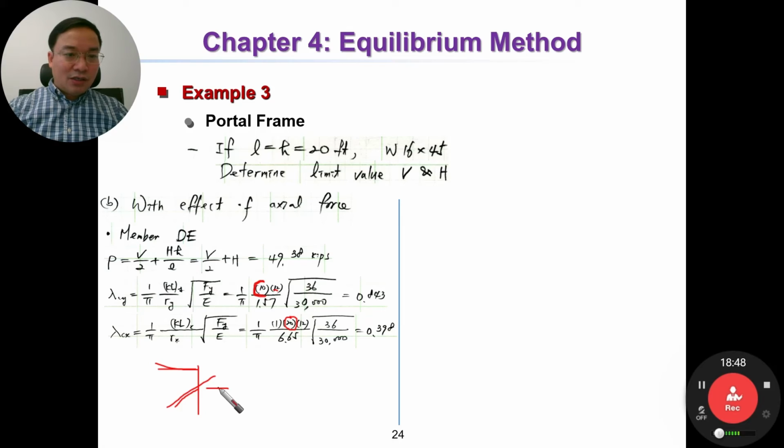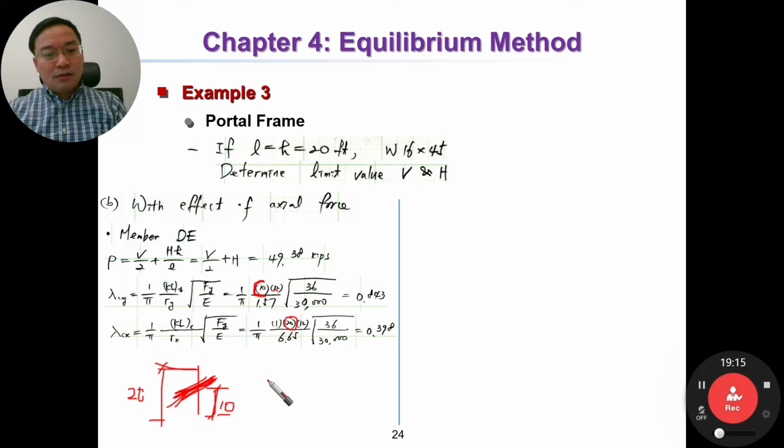So the length is now assumed to be a half, and the unbraced length is 10 feet. That's why here is 10.